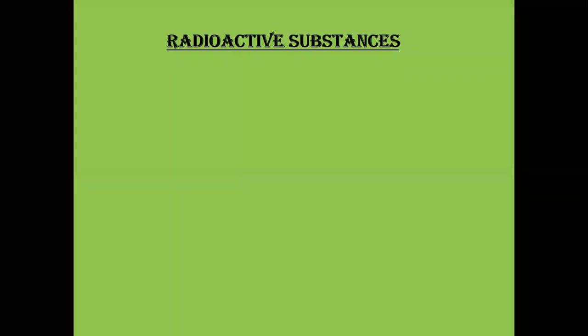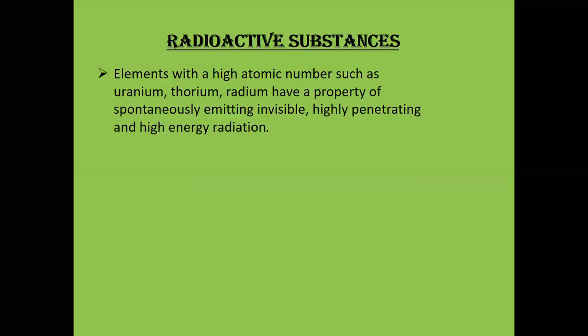So radioactive substances. First of all, elements with high atomic number. We know about atomic number. Some elements with high atomic number such as uranium, thorium and radium have the property of spontaneously emitting invisible, highly penetrating, high energy radiations. Every term in this definition is very important.